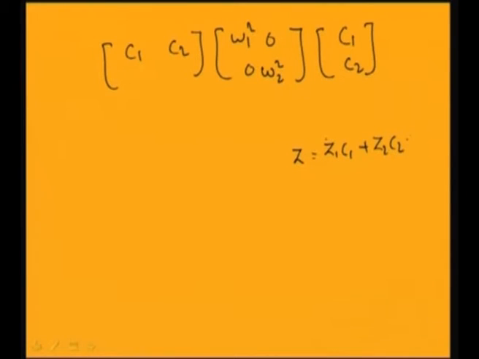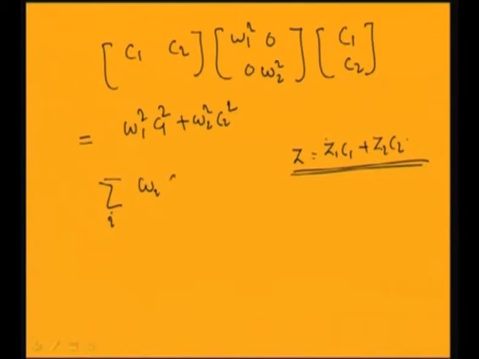So from that you get the C1 C2 coefficients, and if you multiply this, it becomes omega 1 square C1 square plus omega 2 square C2 square. So, you can write this as summation omega i square Ci square.